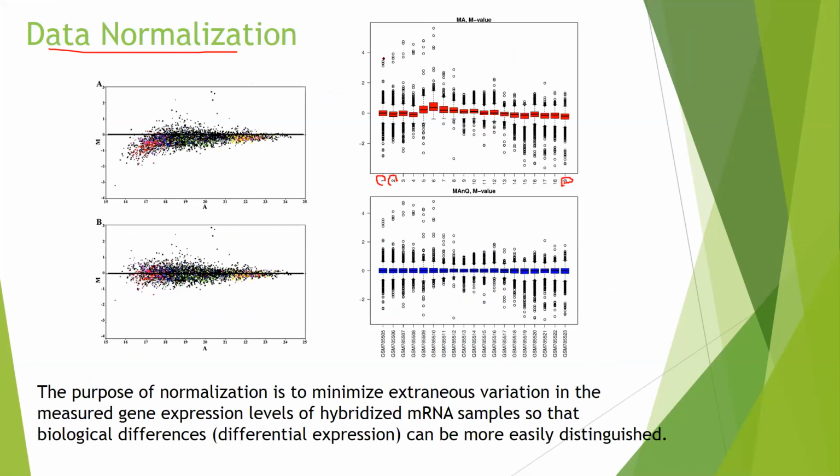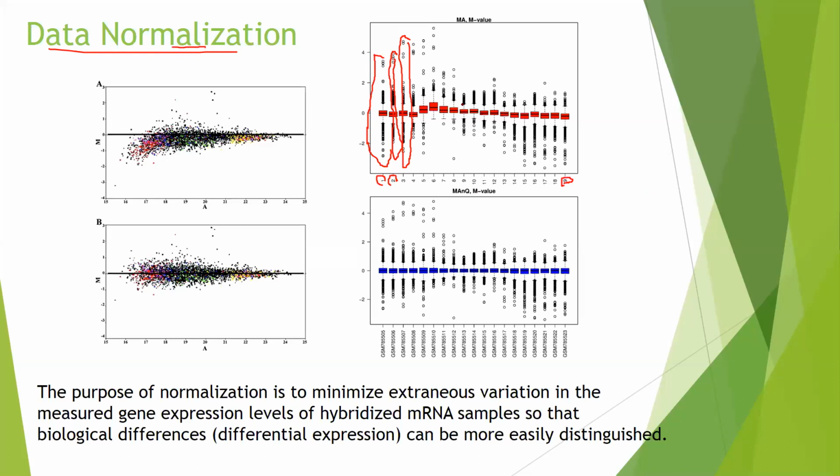Before normalization, the range and distribution of the different samples are quite different, and the variation is large. This is not good, because different chips and different batches may have systematic differences, the batch effect or the array effect. We have to remove those unwanted effects before we do further biological analysis, right? So we have to normalize this data.